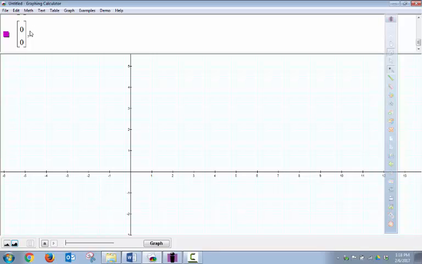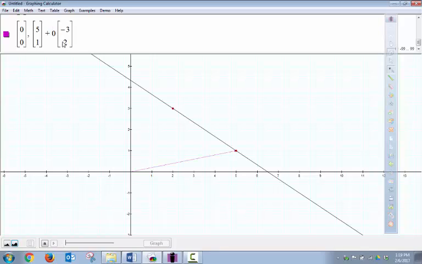I can't put t here because it's not going to graph it for me. Let me put 0 for now. And what I have is a vector that draws things out. It goes from 0 to whatever point I'm pointing to. When t is equal to 0, I'm at that starting point, right?